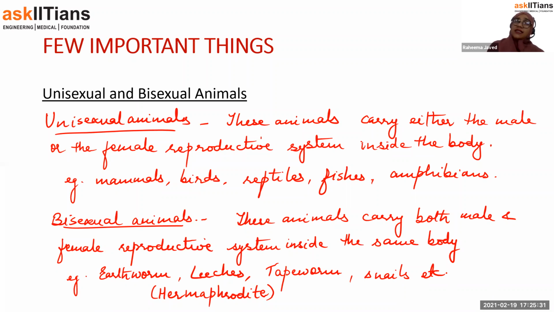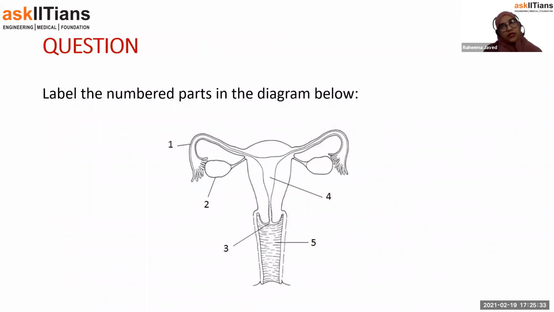Okay, so with this, we are going to start the questions. The first question is to label the numbered parts in the diagram given below. I will give you a couple of seconds to recall everything.